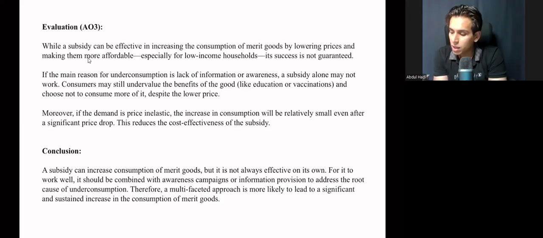Moreover, if the demand is inelastic, increase in consumption will be relatively very small even after the price drop. Like I said, that I will not deliberately break my bone to get a plaster on it or to get myself treated because the government has given subsidy to a hospital. This reduces the cost effectiveness of the subsidy. And that is the reason why subsidy might be ineffective.